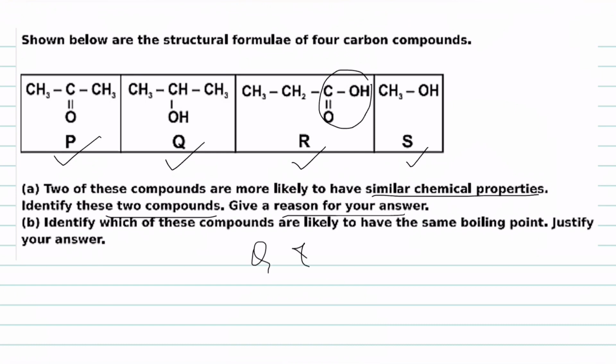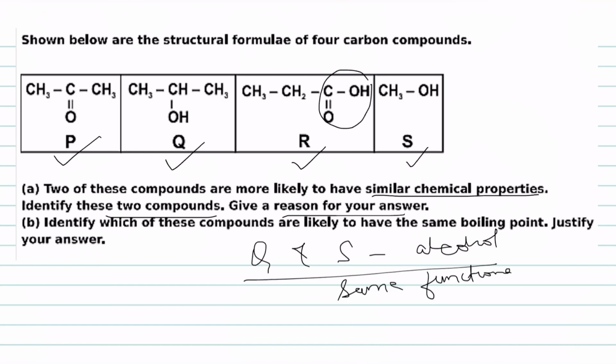So, Q and S are alcohols. So they are more likely to have similar chemical properties because they have the same functional group, and the functional group determines the properties. Okay. Identify which of these compounds are likely to have the same boiling point.